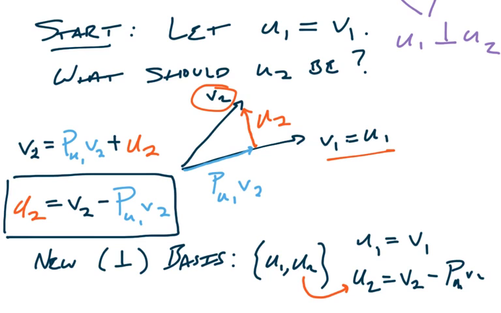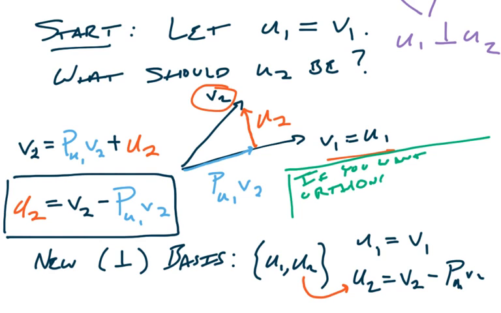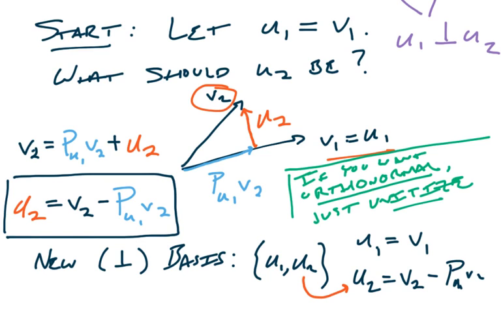And one small side note that I want to make here is that if you really want an orthonormal basis, as opposed to just orthogonal, well, do this procedure to figure out the orthogonal version of the basis, and then you can make it orthonormal by just unitizing. So when you're all done with everything else, just unitize at the end.